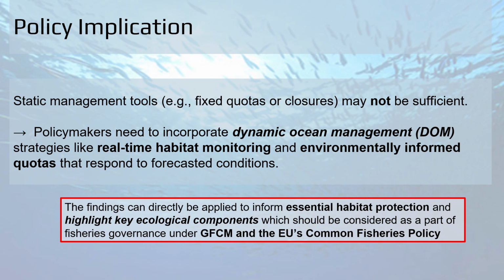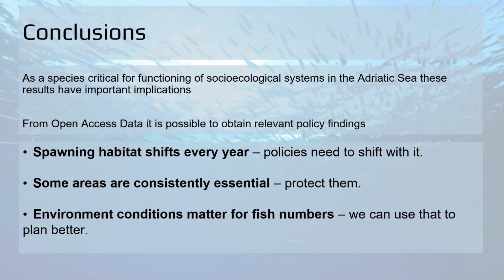These might not be sufficient to account for these year-to-year variability in these dynamic ocean conditions. So in conclusion, this species is critical for the functioning of socio-ecological systems in the Adriatic Sea, and these results have really important implications. We've also demonstrated here from open access data that it's possible to obtain relevant policy findings.